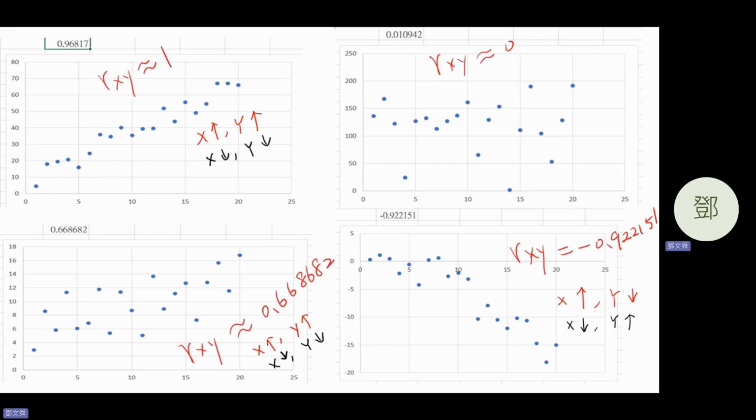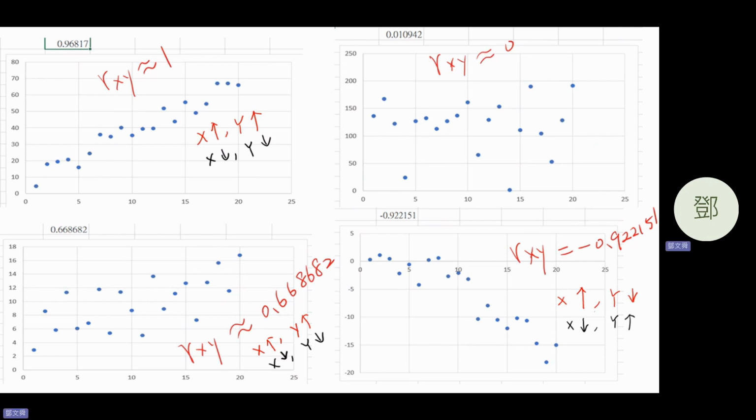I will also have you identify the correlation coefficient that corresponds to this part, which is no relation. And the one that corresponds to this part, a mild linear relation.